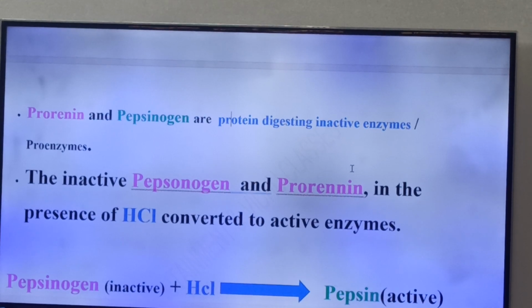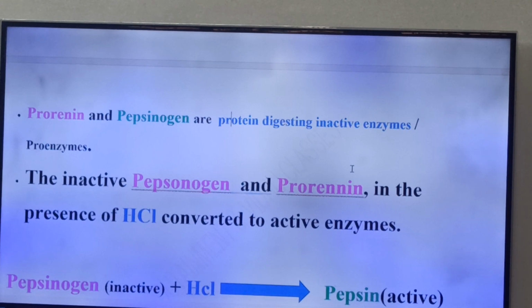But here they are inactive enzymes. Whenever you hear the prefix pro or suffix gen, it indicates inactive enzymes. Here we have prefix pro in prorenin, and suffix gen in pepsinogen.